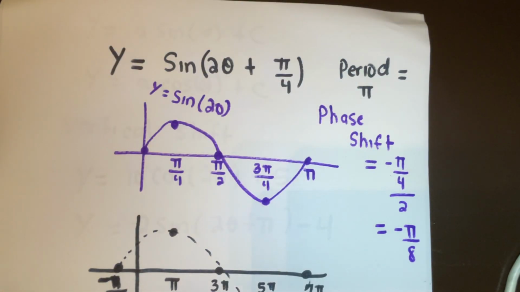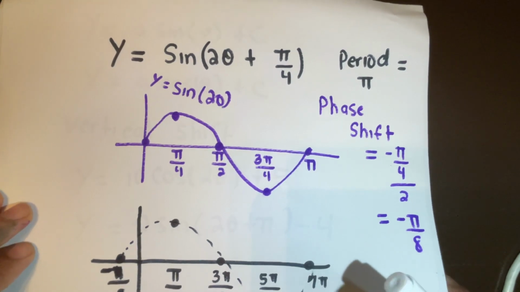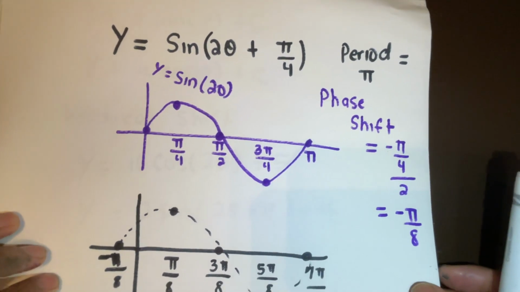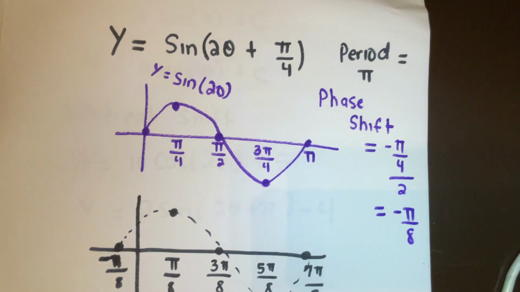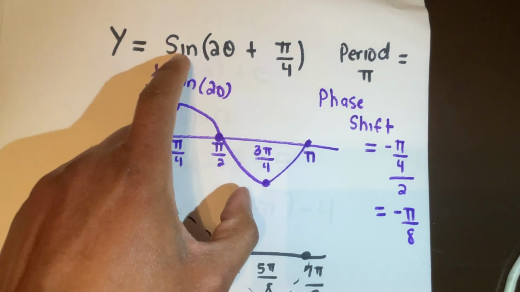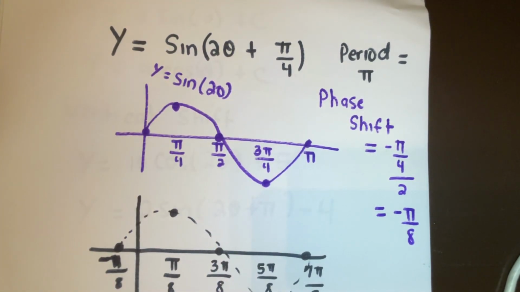So we have y is equal to sine of 2 theta plus pi over 4. So your period is not going to change.